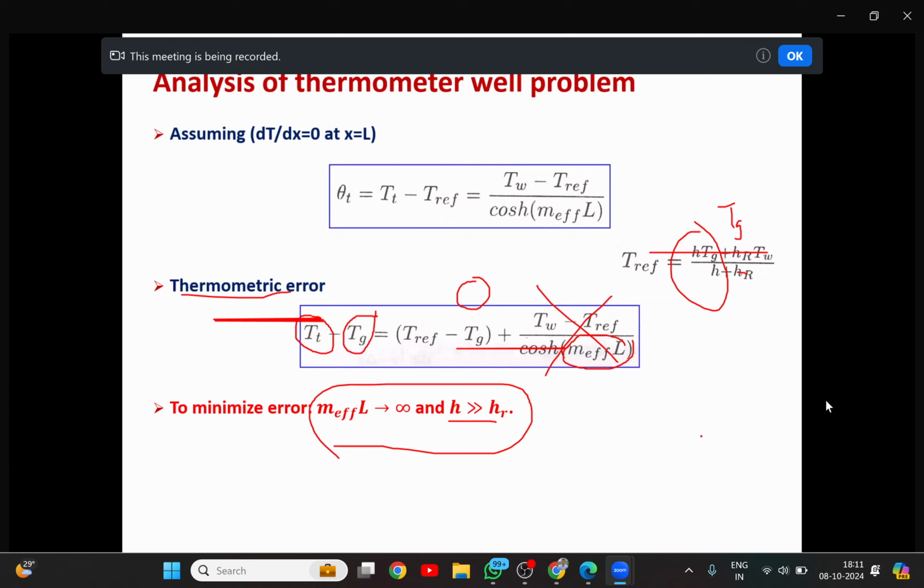In fact, you would encounter such errors not only with thermocouples, but with many different kinds of temperature measurement sensors that we have talked about. But it gives you an idea of how you should proceed when you want to analyze temperature measurement error.